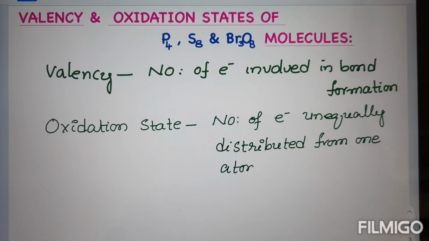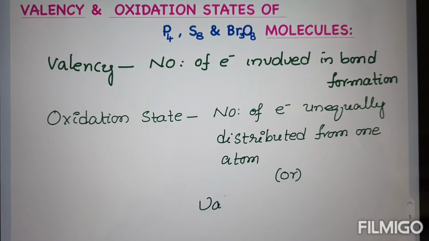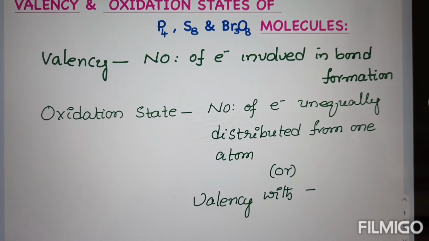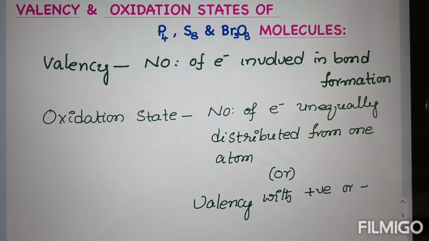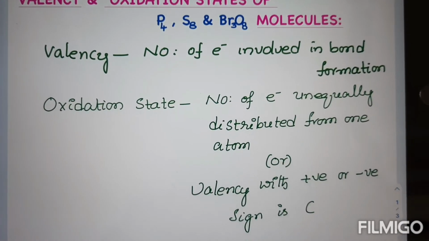It is called oxidation state, or simply valency with positive or negative signs. The positive or negative sign is the oxidation state.